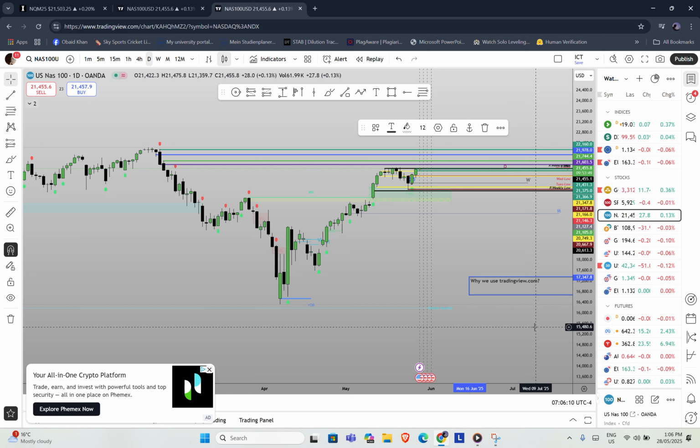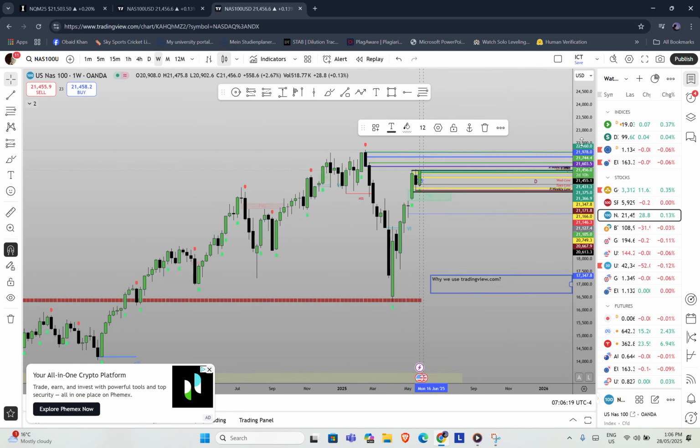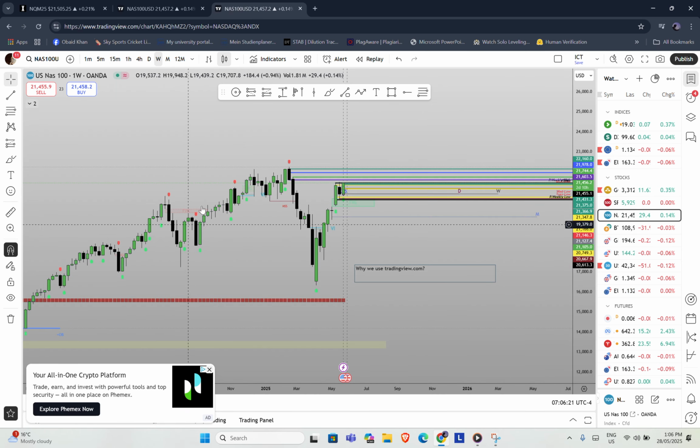We use TradingView in order to mark our charts, in order to see the market movement, the price movement. All of these moves show how the price is moving or how macroeconomics is affecting the market sentiment.